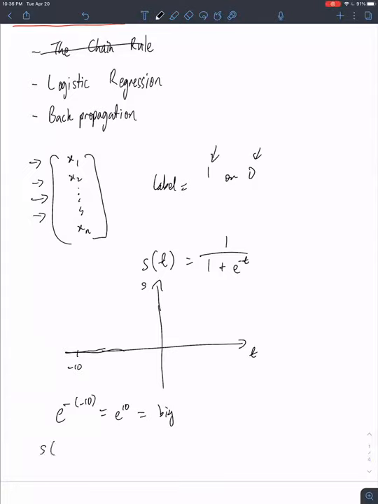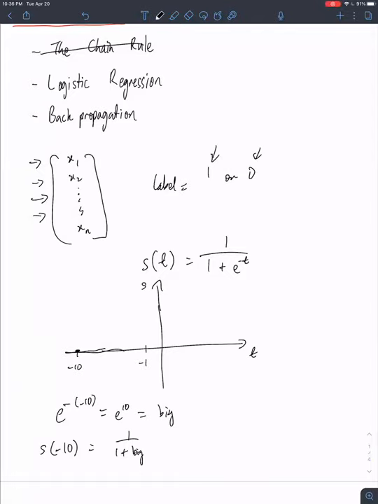So S of -10 is 1 on 1 plus a big number, which is really, so 1 divided by a big number plus 1 is 1 divided by a slightly bigger number, which is going to be really small. It's going to be like here, right? This is going to be like S of minus 10. If we look at S of minus 1, right?